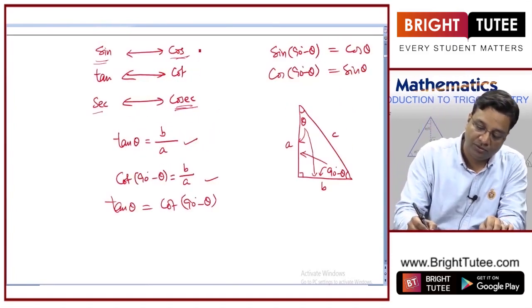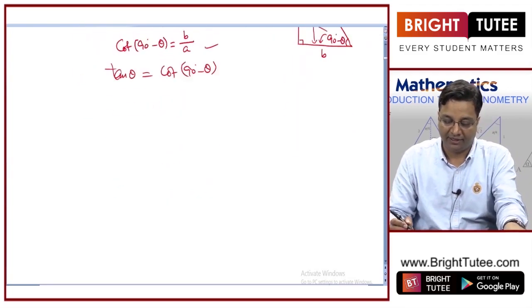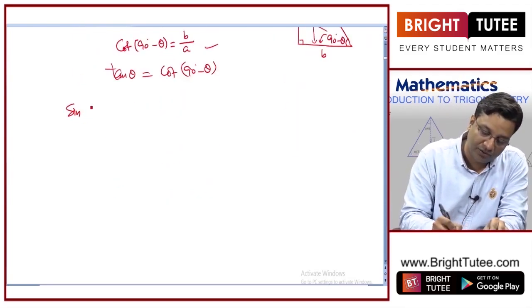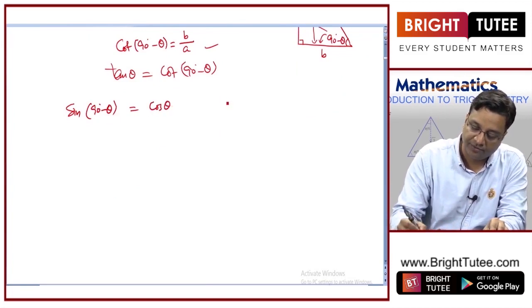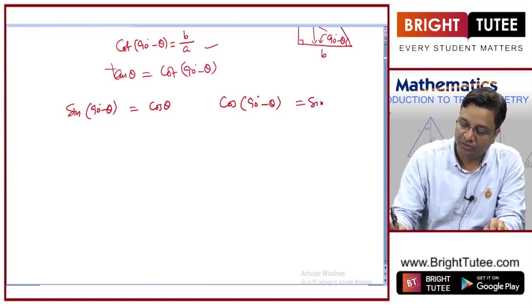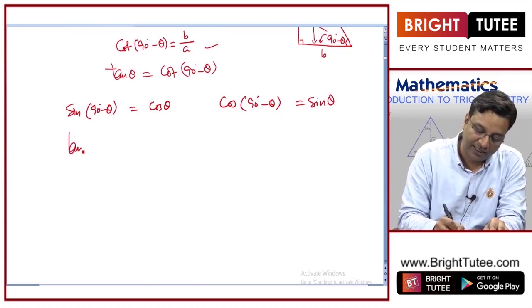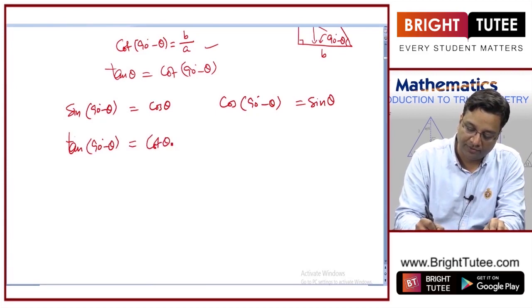So you need to memorize these relations: sine of 90 minus theta is equal to cos theta, cos of 90 minus theta is equal to sin theta. Tan 90 minus theta is equal to cot theta.